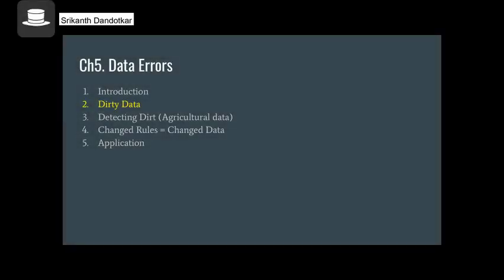Okay, so in the next slide, we'll talk about dirty data. Dirty data is another name for errors in the data. We'll talk about the sources of these errors and how to identify them in the next slide.